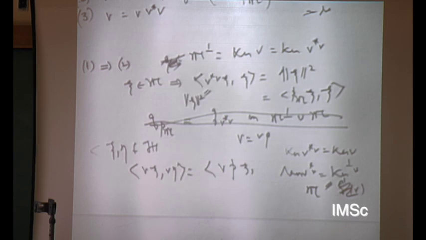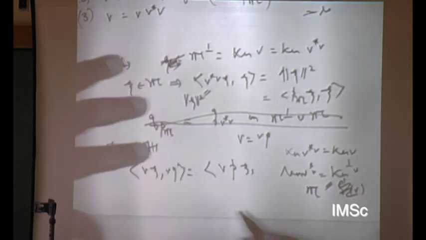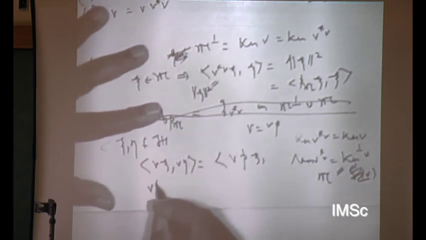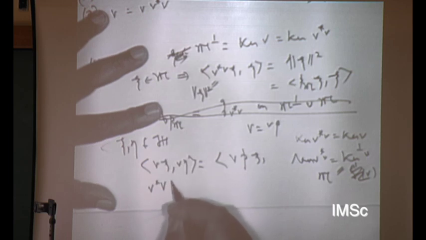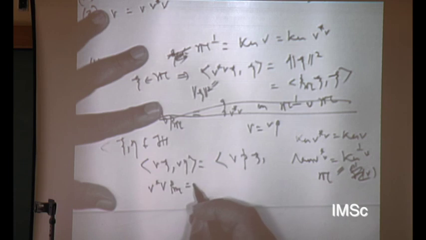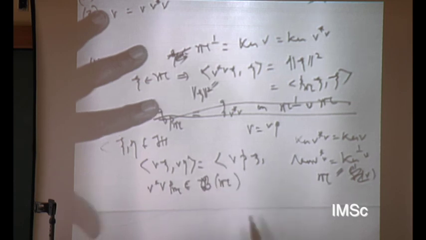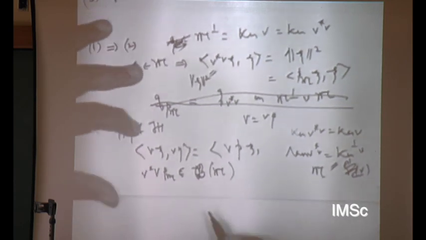And once you view it as a map from M to M, that means V*V times the projection onto M is an operator in B(M).